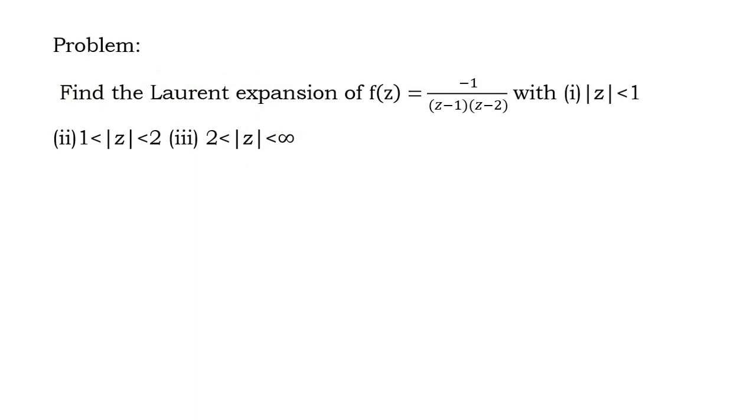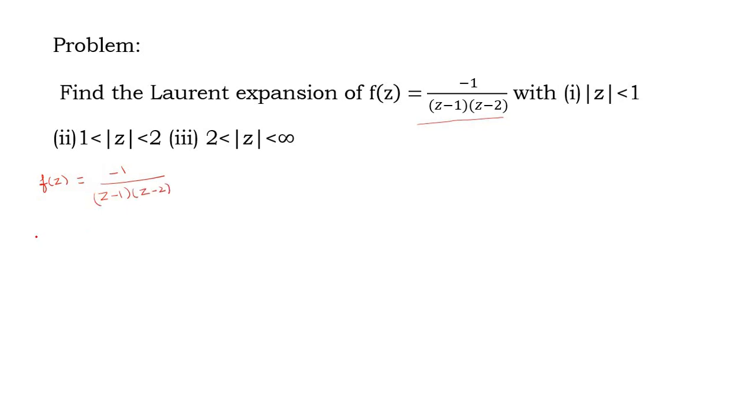Similarly, the second one, the Laurent's expansion of f of z, where you have three conditions. Given f of z equal to 1 minus 1 divided by (z minus 1) into (z minus 2).